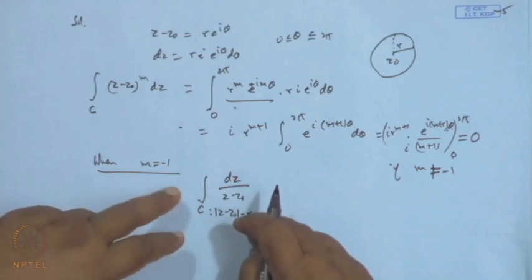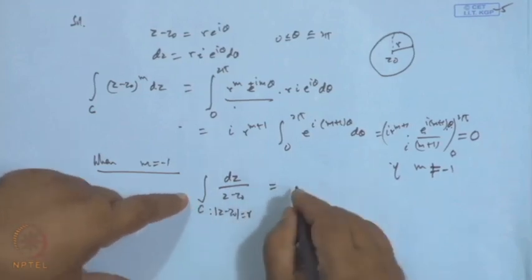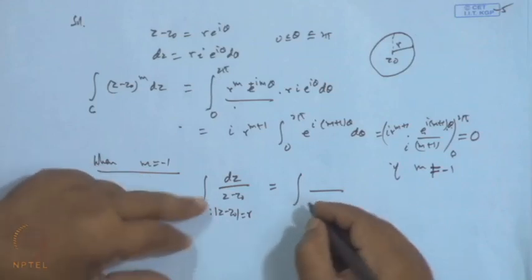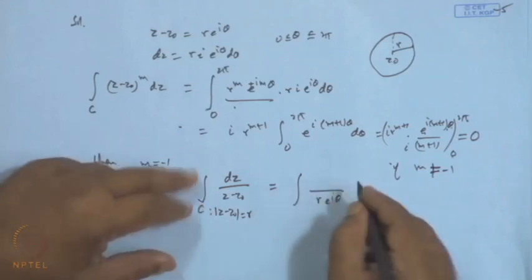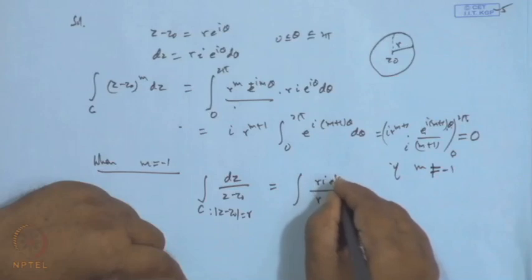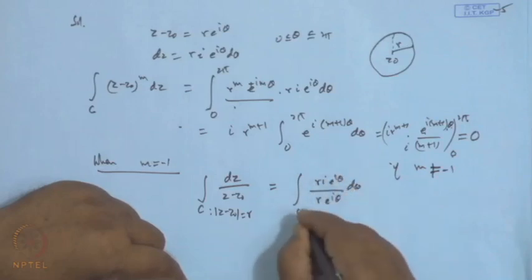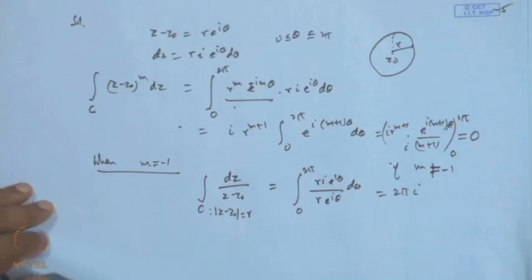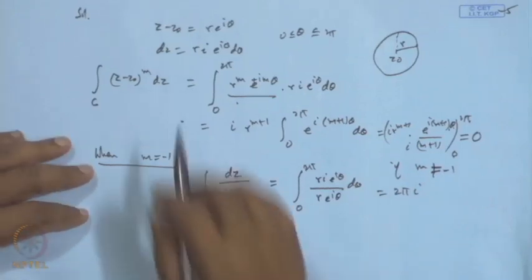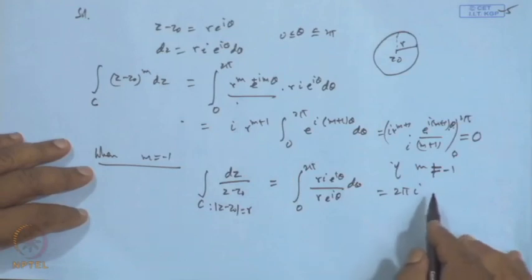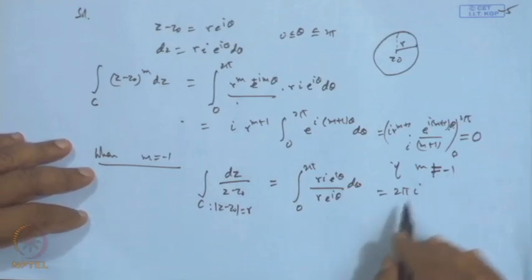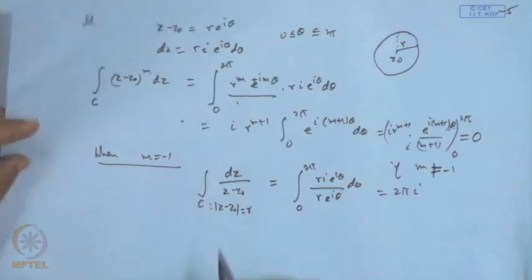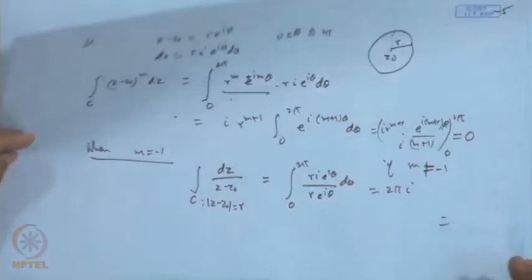So, if I evaluate this, z minus z naught is r e to the power i theta, dz is equal to r i e to the power i theta d theta, and from 0 to 2 pi, the value will come out to be 2 pi i. So, this result says the value of this integral will be 0 when m is different from minus 1 and equal to 2 pi i when m is equal to minus 1. This will be useful.